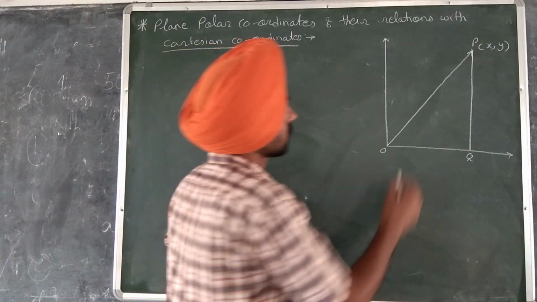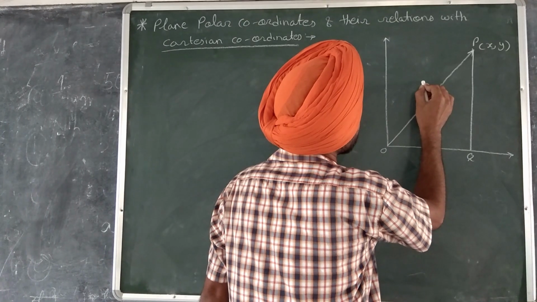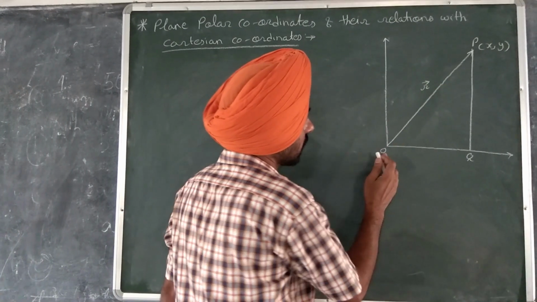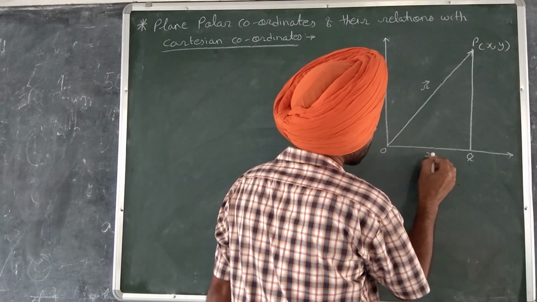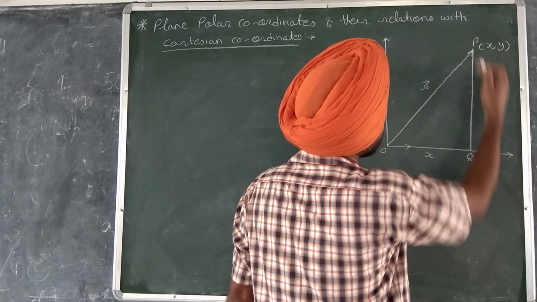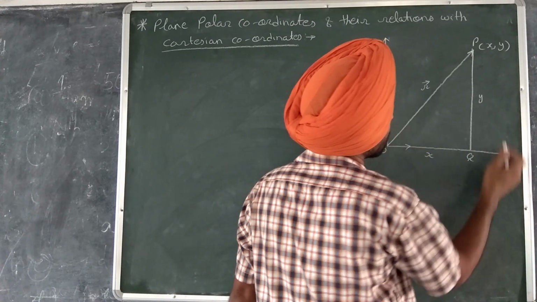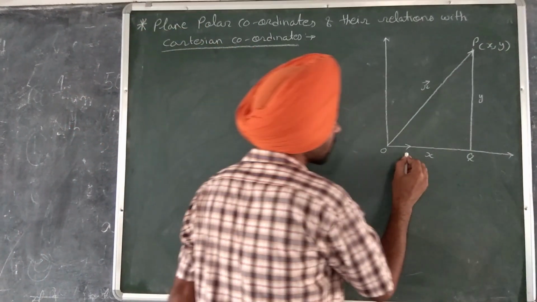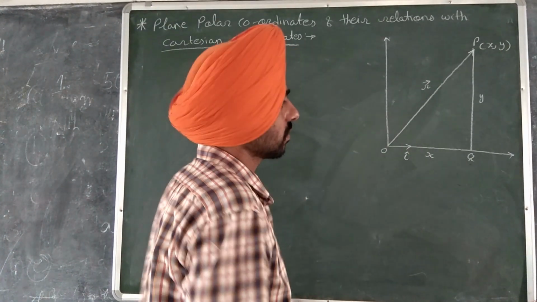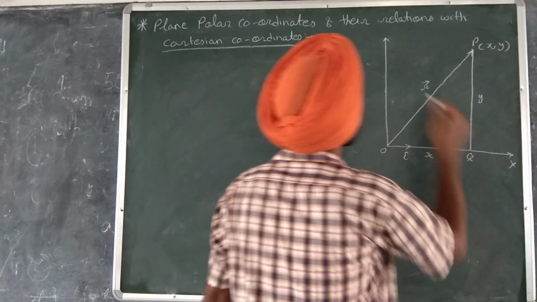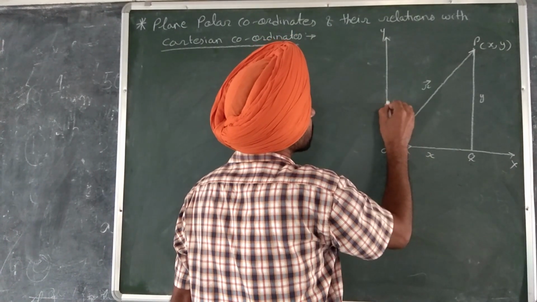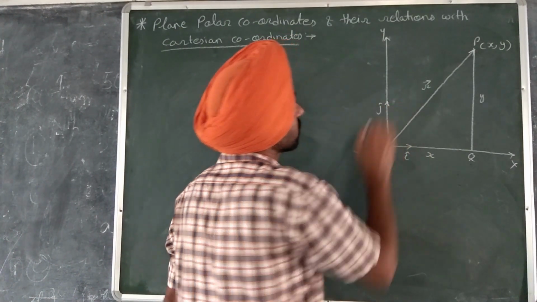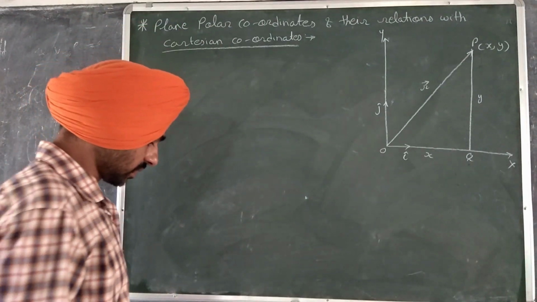So the position vector OP is represented by r, OQ is along the x-axis and PQ is the distance along y. Let i cap be the unit vector along the x-axis and j cap be the unit vector along the y-axis.